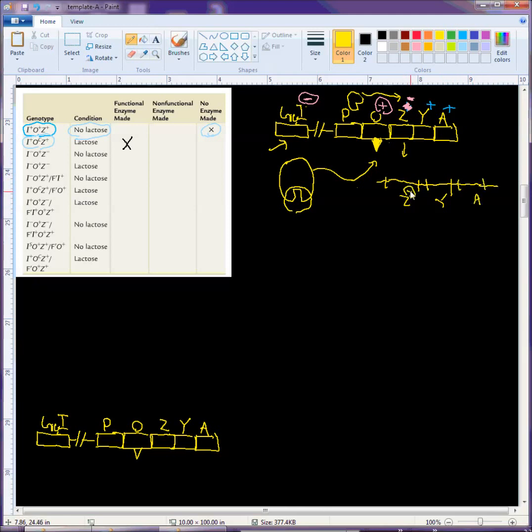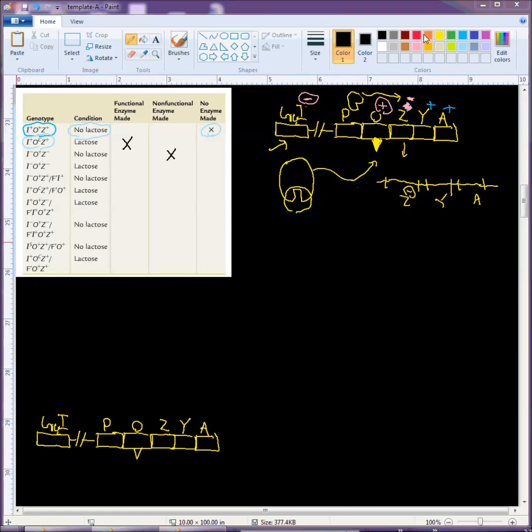Z is mutated. We have Z minus here, so Z is going to be non-functional. So after all that, we have non-functional enzyme made. The enzyme's going to be made, but it's non-functional.